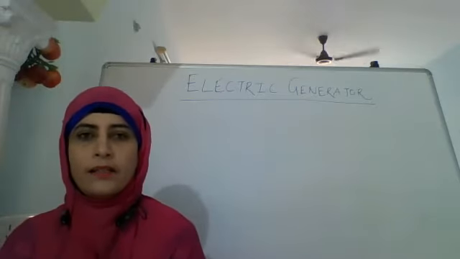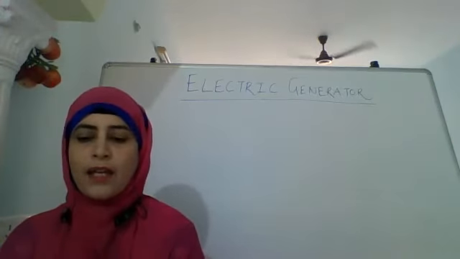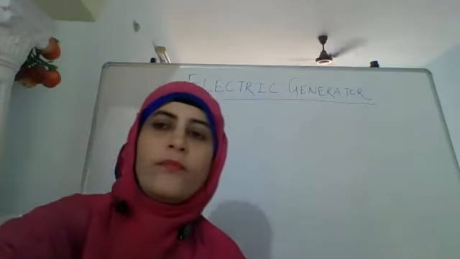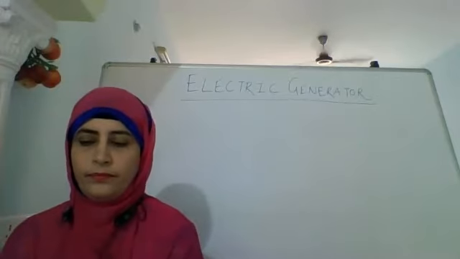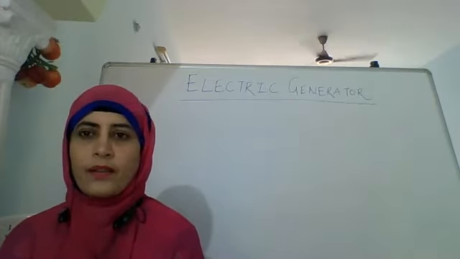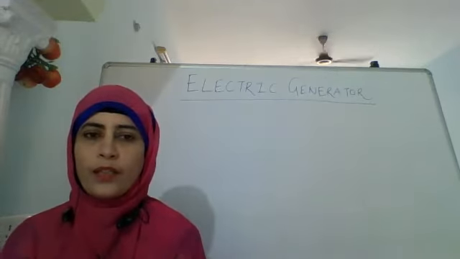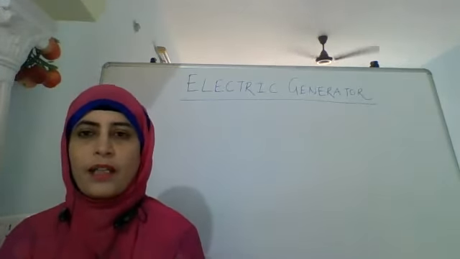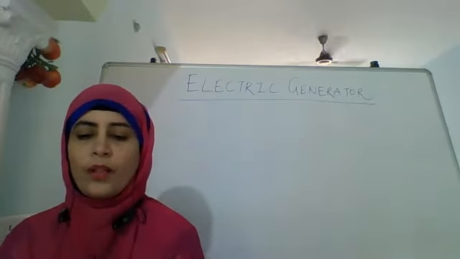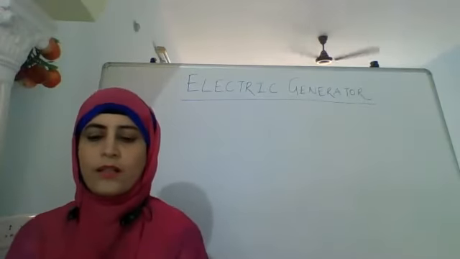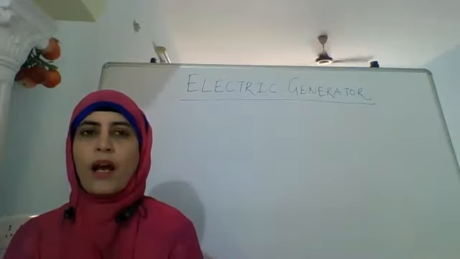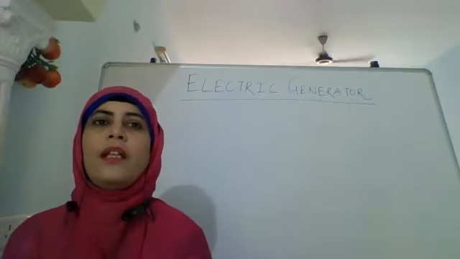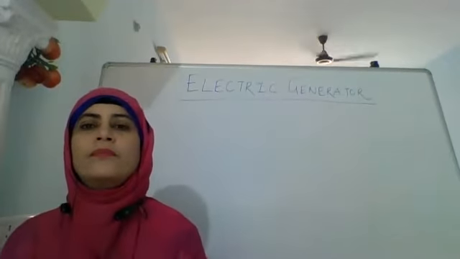When the circuit is completed as shown in the figure, comma, the current flows in the branch AB of the loop from A to B through the carbon brushes E and F. Now is it okay? Everybody is with me? Yes. Okay.